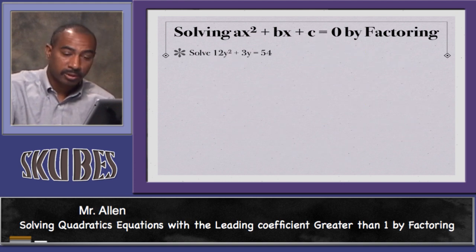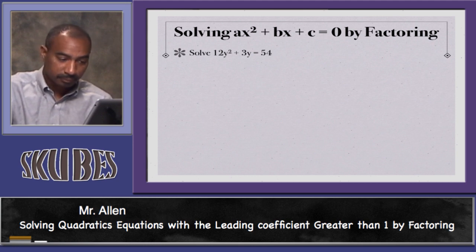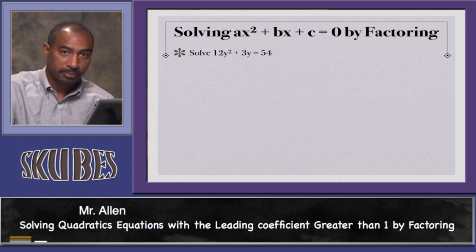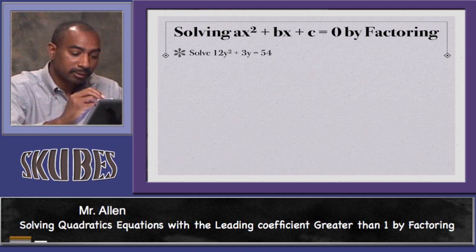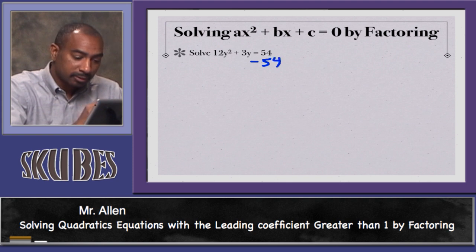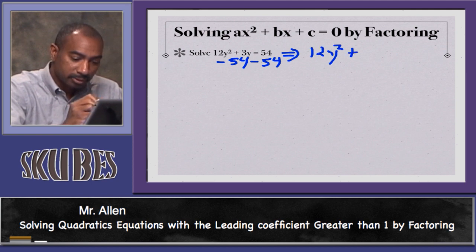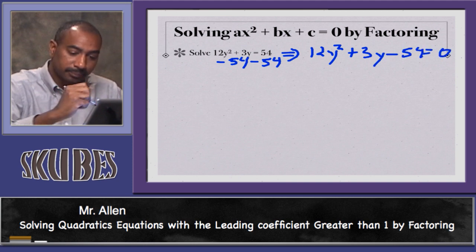Okay, now solve 12y squared plus 3y equals 54. Again, you want to put it in standard form, and you want to put it in descending order. So you're going to subtract the 54 from both sides. So you're going to have 12y squared plus 3y minus 54 equals 0.